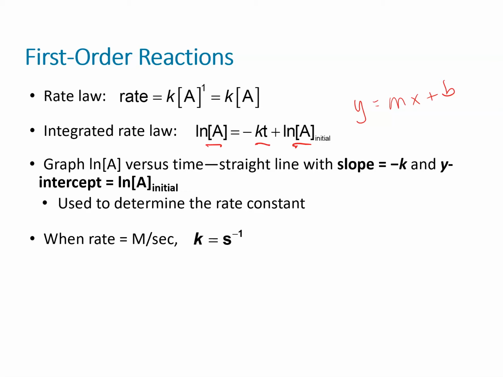So if we were to graph this, we'd have y as our natural log of the concentration of A at time t. We have m, which is negative k, x, which is t, and b is going to be the natural log of our initial concentration.